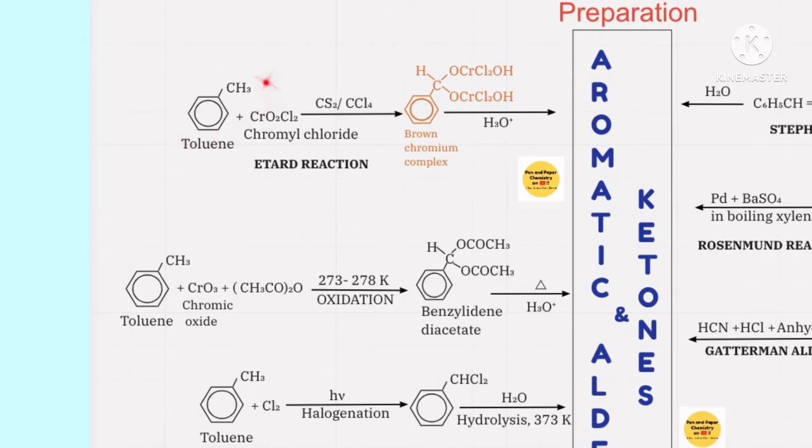The first one is toluene. What is toluene? C6H5CH3. It is oxidized by chromyl chloride in the presence of CS2 or carbon tetrachloride as a solvent.